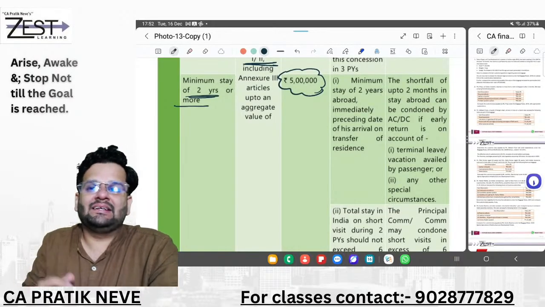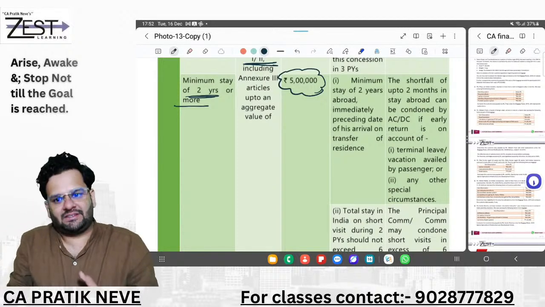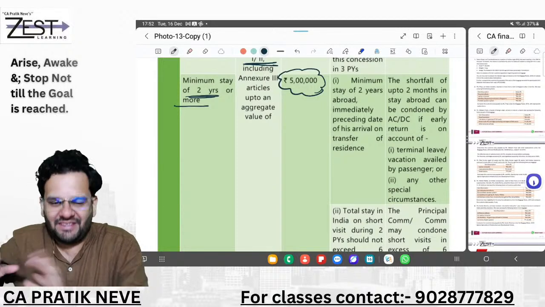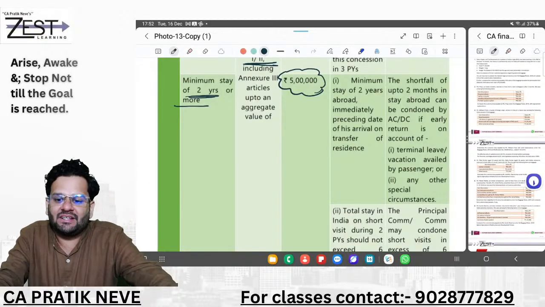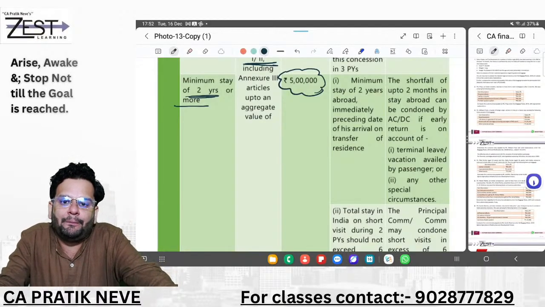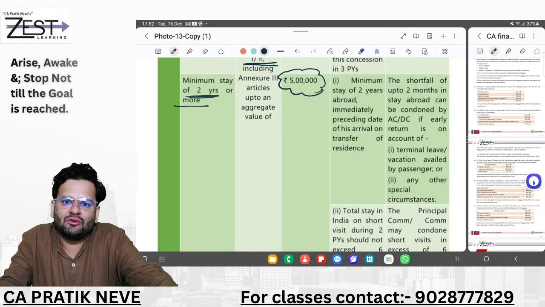Very unlikely that they will go to rule number 6, but important is rule number 3, that is returning to India from any country other than Nepal, Bhutan and Myanmar. And GFA is rupees 50,000. That is important. Also remember, in the baggage, one laptop is always allowed tax free.